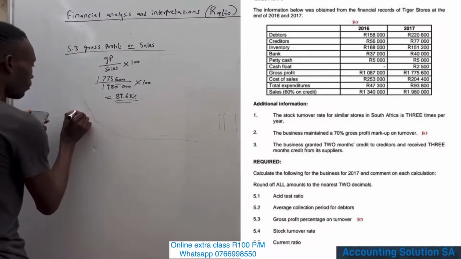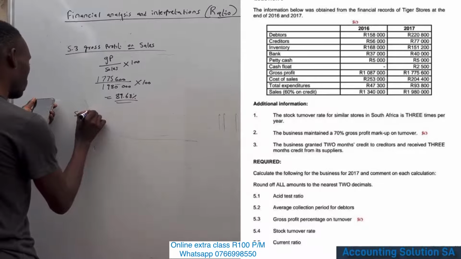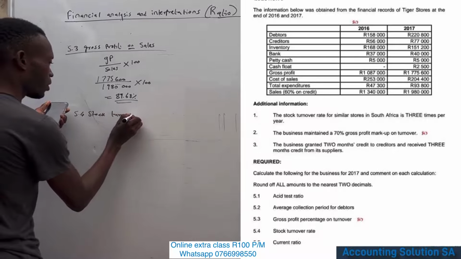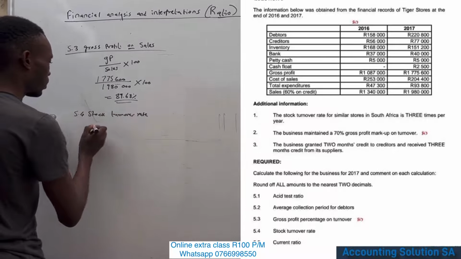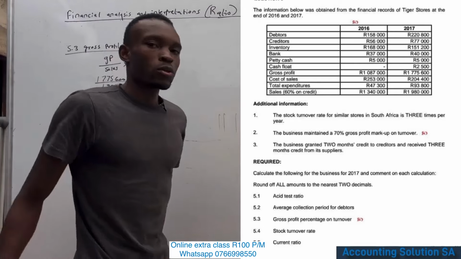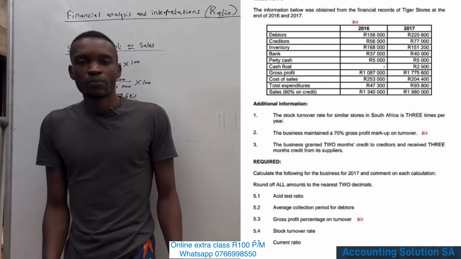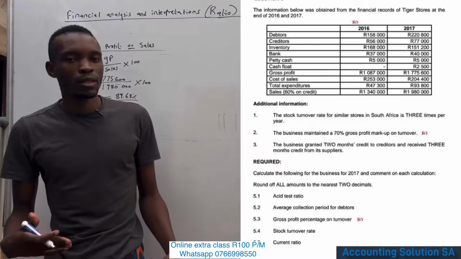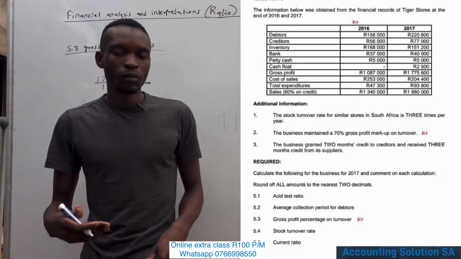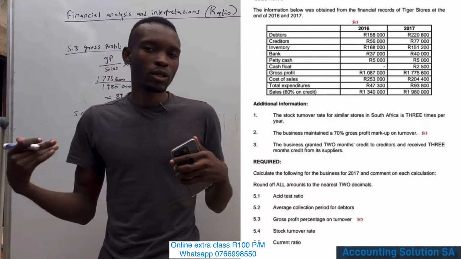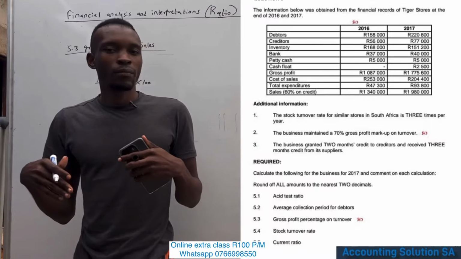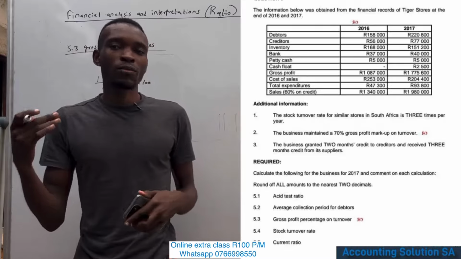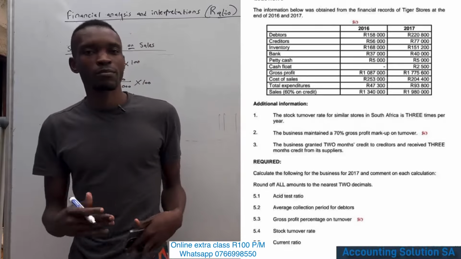Okay, 5.4, stock turnover rate. How many times do we turn our inventory? Okay, in other words, maybe we can order stock today and sell it within a month, which means that if we sell it within a month, it's possible that we can restock 2 times in a month.